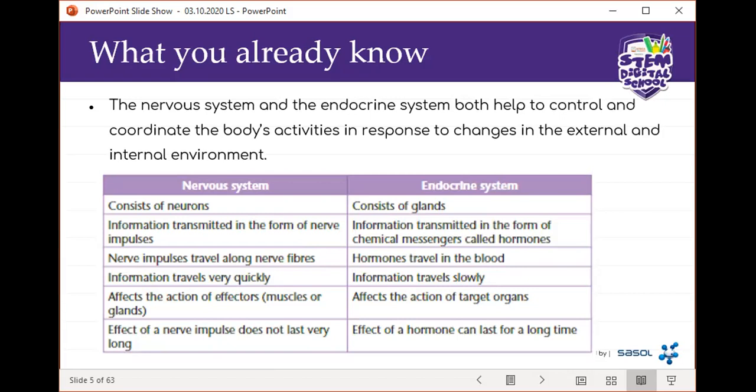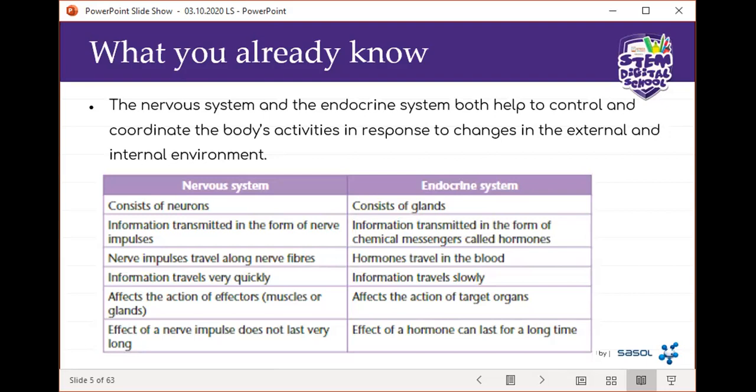In the nervous system, nerve impulses travel along the nerve fibers, whereas in the endocrine system, the hormones travel in the blood. In the nervous system, information travels very quickly, but in the endocrine system, information travels slowly.